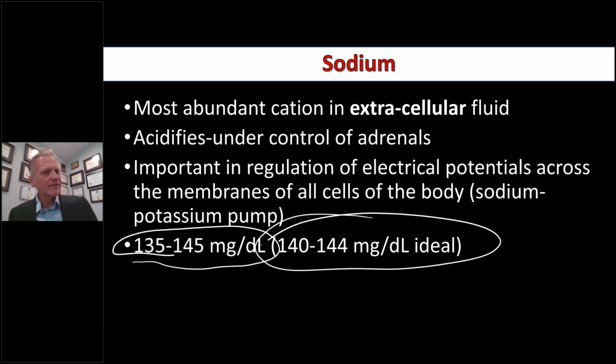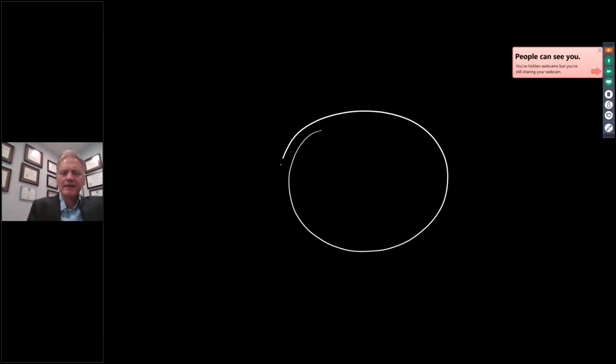Now, let's talk just a little bit about sodium, and I'm going to go through some ins and outs about this. So, the most abundant cation in extracellular space. All right, so let's take a look. First, we have a cell right here. Inside the cell, we have a whole bunch of potassium, which carries a positive charge.